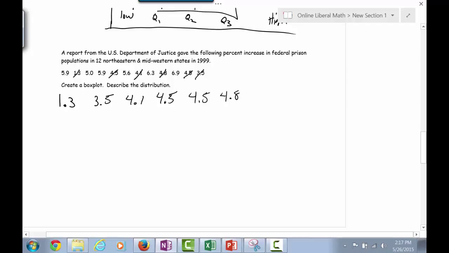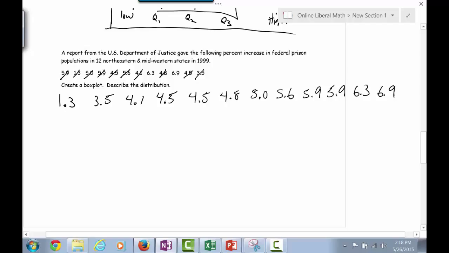Then we get to the 5s, so 5.0, 5.6, 5.9, looks like 2 of those. So 5.6, 5.9, 5.9, 6.3 and 6.9.